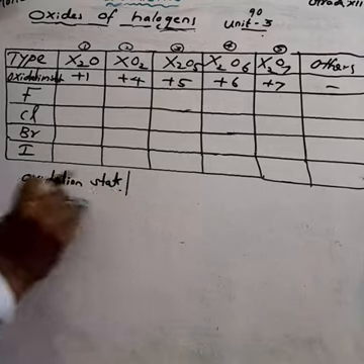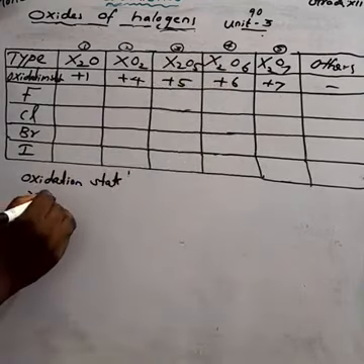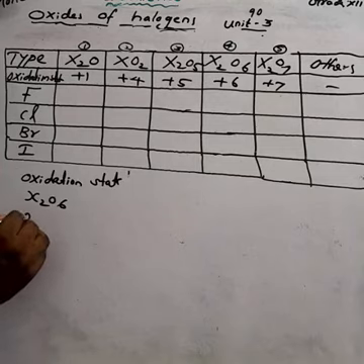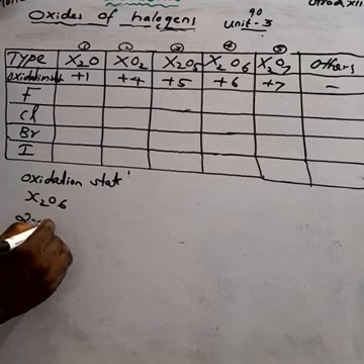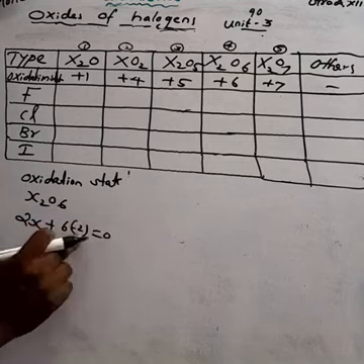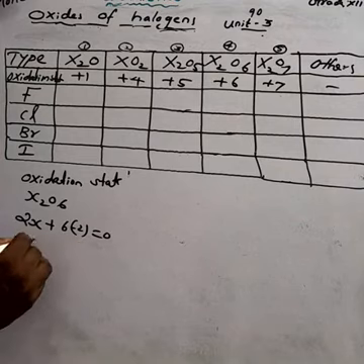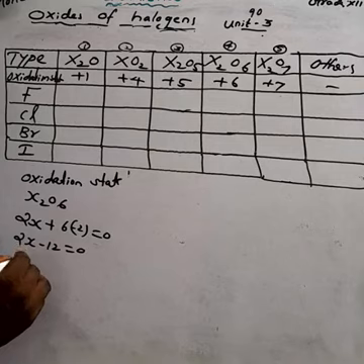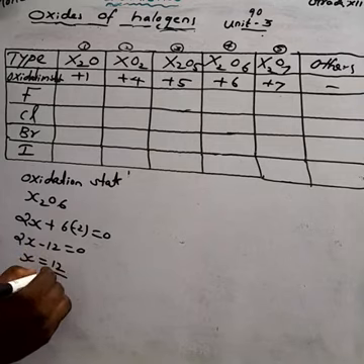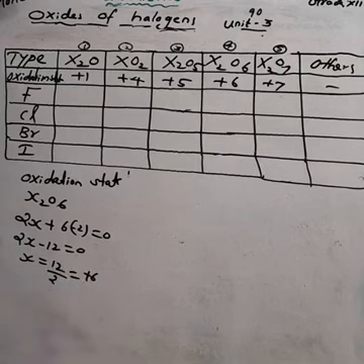The next molecular compound, X2O6. How can you find that? Here X is 2, so 2X plus oxygen having minus 2, 6 into minus 2 equal to 0. 2X minus 12 equal to 0. X is equal to 12 by 2, equal to plus 6 oxidation state.